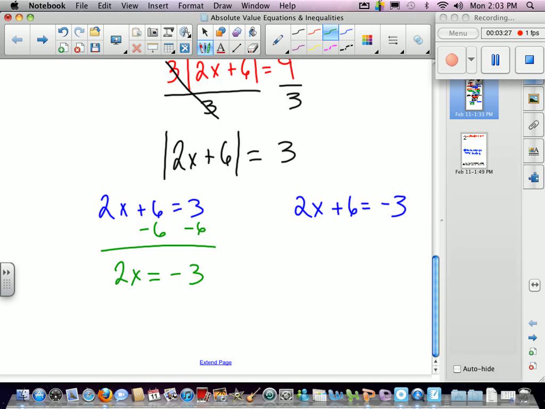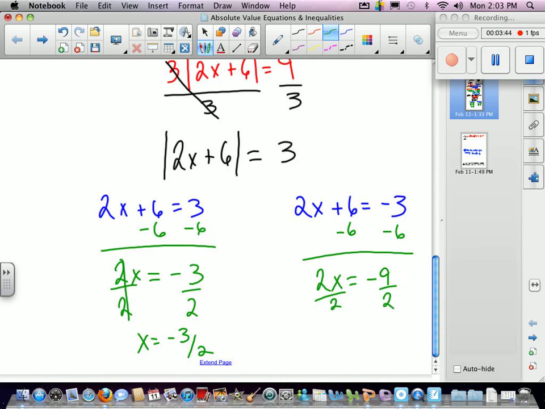So we're going to have -3 divided by 2, and it would be -3/2. On the other side, we subtract 6. 2x is equal to -9, divide by 2, and x would be equal to -9/2. And that's the word or.